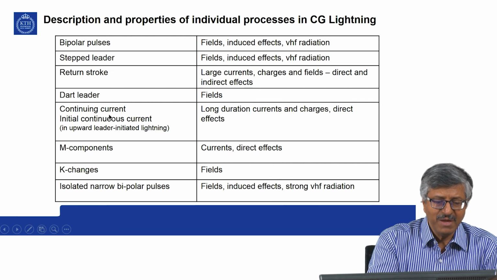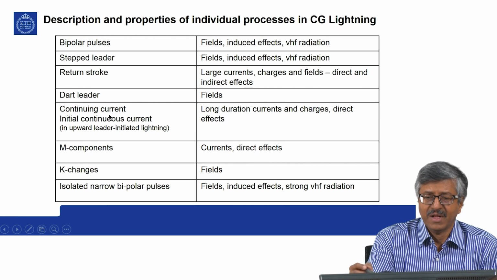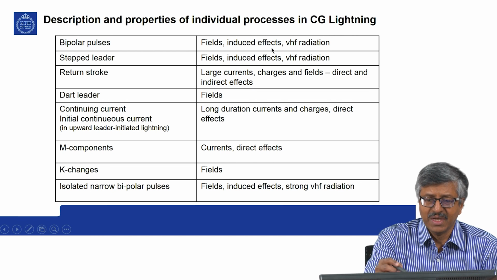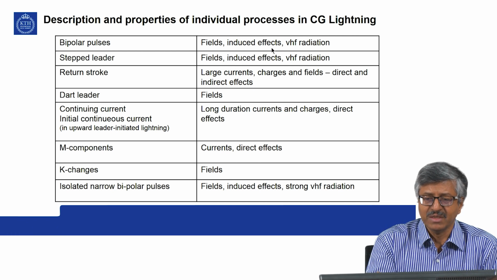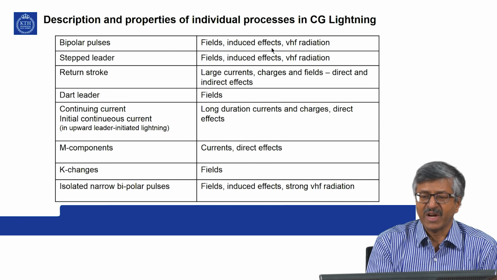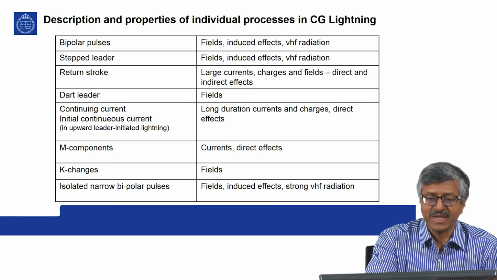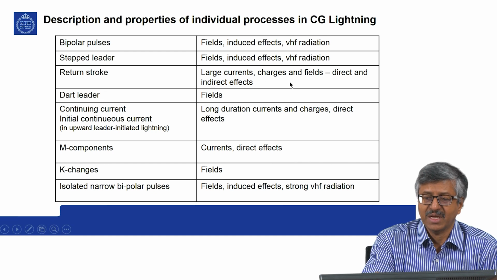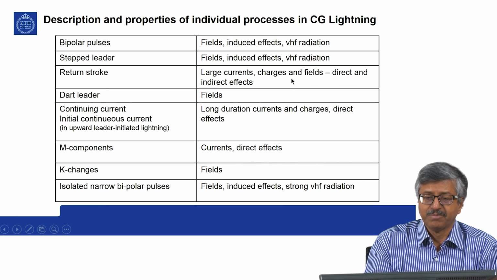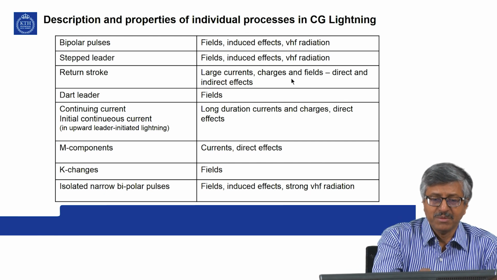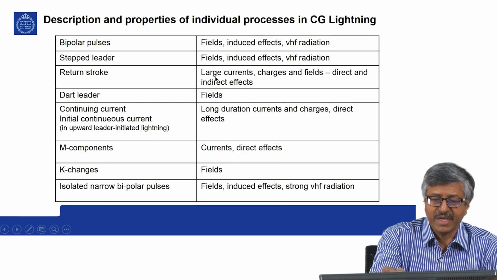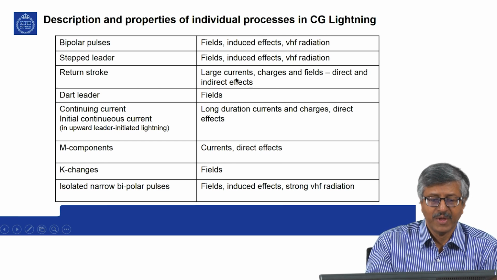There are many events in a lightning flash that will produce electric and magnetic fields, induced voltage effects, VHF radiation, etc., whereas a return stroke can directly strike objects and produce large currents, charges, not only the fields. So this becomes most important for our study, the return strokes.